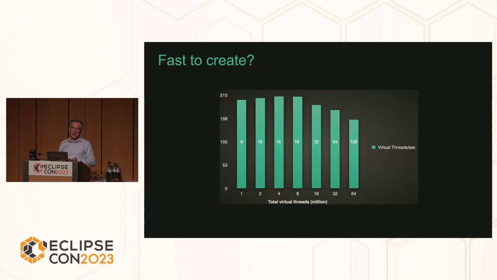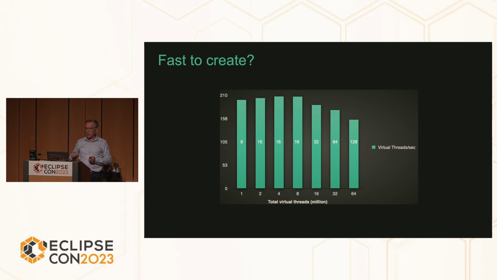In fact, I have never reached the limit. I have done the test up to 64 million. I have decided to stop because it makes no sense to go beyond. On this diagram, you have the throughput in terms of virtual thread creation, around 200 per millisecond, with a small decrease starting at 16 million.